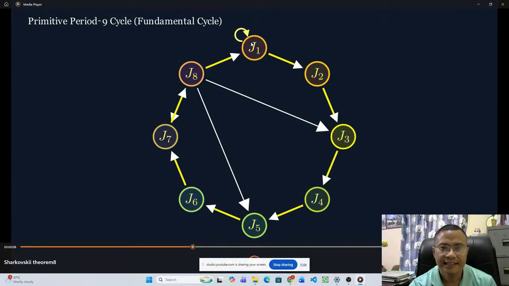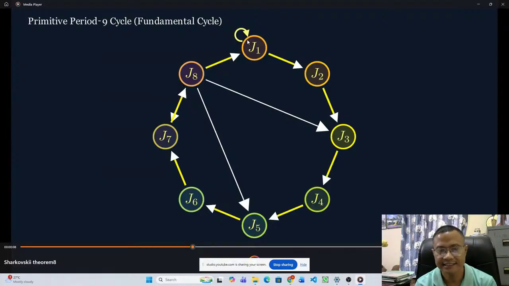Now this cycle starts from J1 and there is one loop in J1. So J1 to J1, then J1 to J2, then J2 to J3, then J3 to J4, J5, J6, J7, J8, and back to J1. So it completes a primitive cycle of length 9.